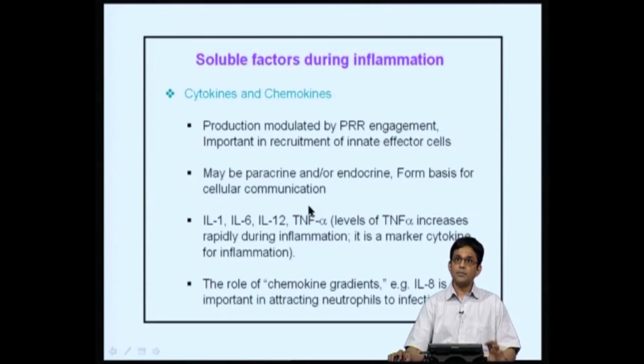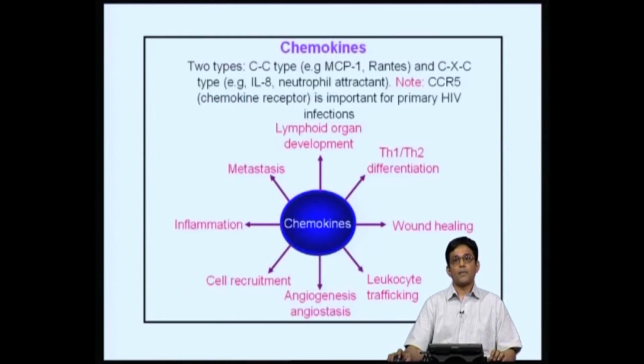Also important is the production of chemokines, especially the example shown is that of IL-8, which is important in attracting neutrophils during infection. So, the production of IL-8 attracts neutrophils to the site of infection. Okay. So, this slide depicts the main types of chemokines.